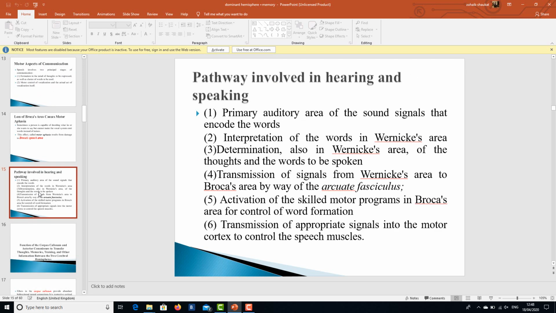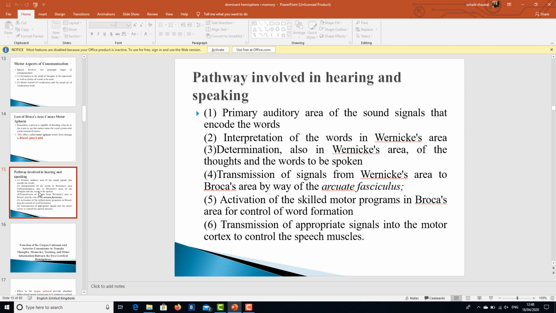Now, we should know about the pathway involved in hearing and speaking. First, the primary auditory area receives the sound signals that encode the words. Then there is interpretation of words in Wernicke's area. Determination, also in Wernicke's area, of the thoughts and words to be spoken.